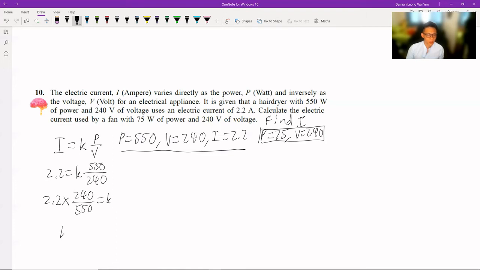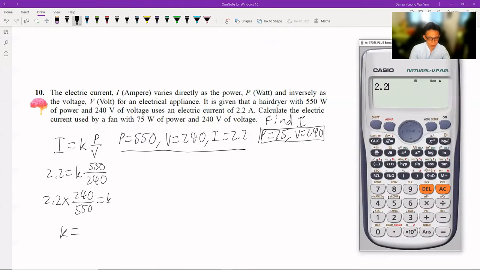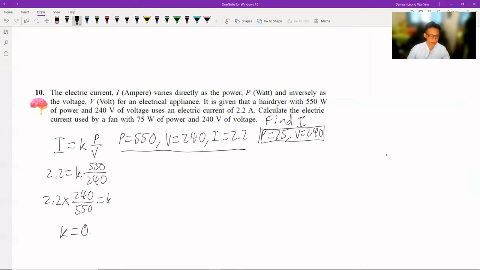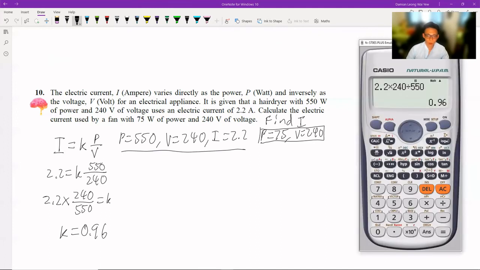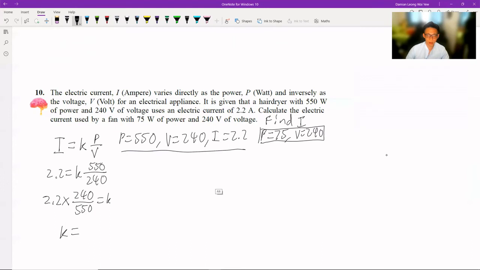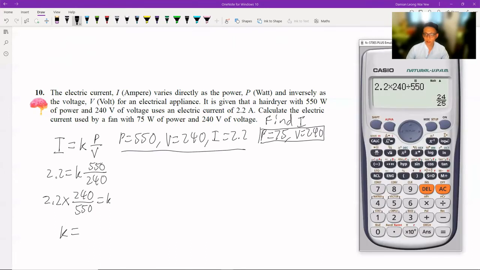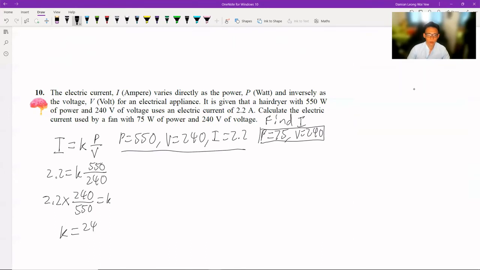Equals K. So K would be 2.2 times 240 divided by 550. So it's 0.96. If you don't want to put decimal, you can put fraction like this as well, 24 over 25. Up to you.